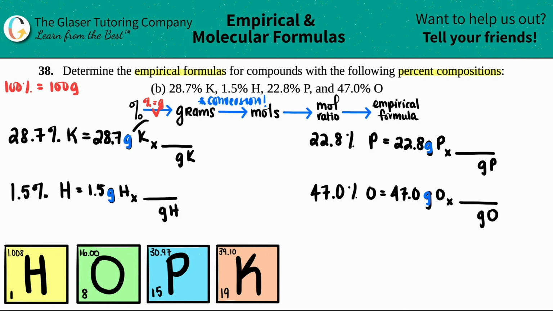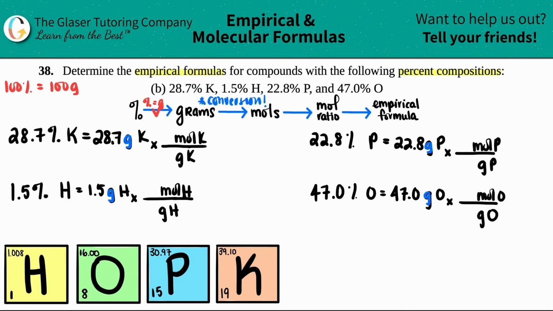So for the first one, since it's grams of potassium, it has to be mole of potassium. If it's grams of hydrogen on the bottom, it's mole of hydrogen on the top. If it's grams of phosphorus, it's got to be moles of phosphorus. And if it's grams of oxygen, it's got to be mole of oxygen.